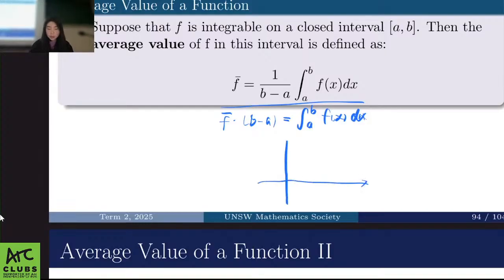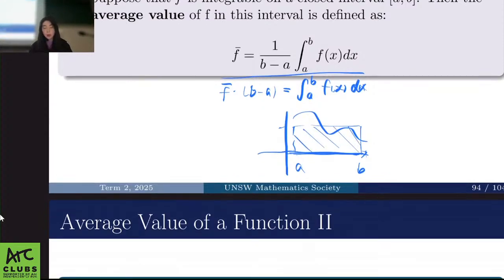So you can think about it as a value such that if you multiply it by b minus a, which is the width of this rectangle here, you get the area of this rectangle. So it's this special value of f such that the area of the rectangle is equal to the area under the curve.